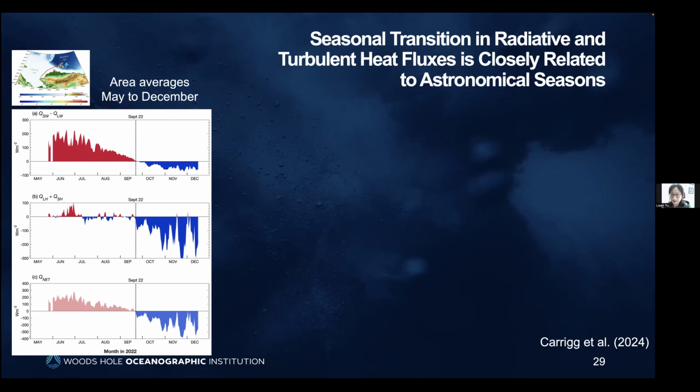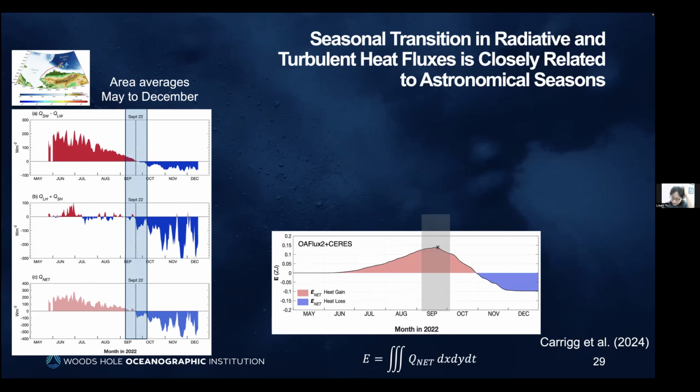After that, the region loses heat to the atmosphere. So that is the area for the NASA SASSIE ship track observation, and that one month of observation did well at capturing the shift of the season.